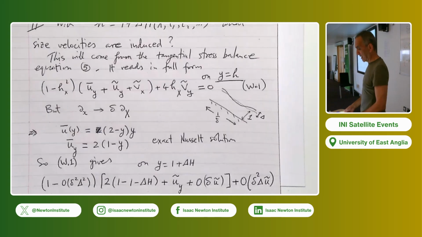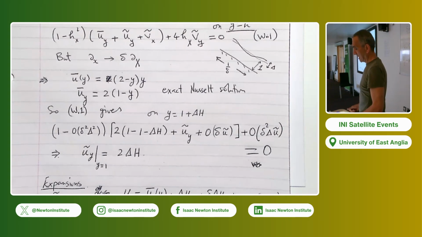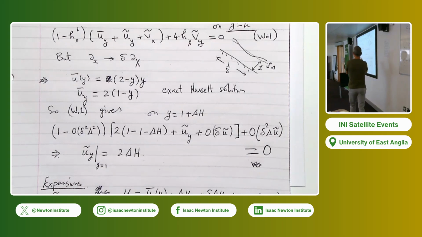I know what the leading order is. It's my u bar plus something, u tilde. So I need to find the size of u tilde so that I get a balance here. And if I do all that, then I find that u tilde looks like delta.